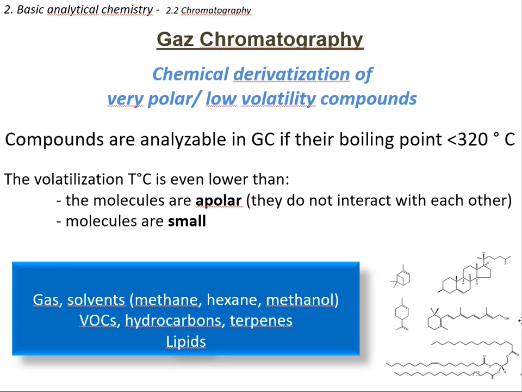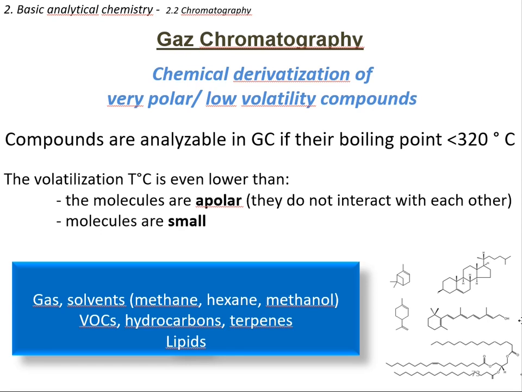Now, with gas chromatography, you can analyze many types of compounds, especially those with a very low temperature of volatilization. So the boiling point must be below 320 degrees, which is roughly the maximum temperature you can expose the column to before it starts to really degrade rapidly. The volatilization temperature is lower depending on the polarity.